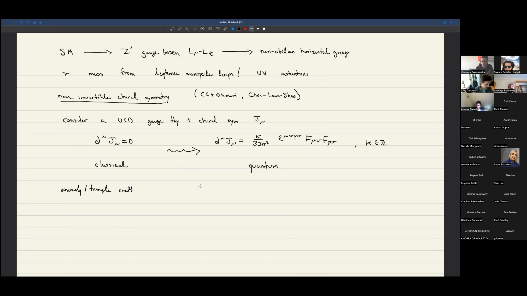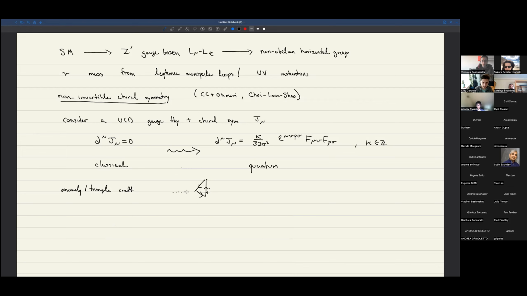So the diagram that we are discussing right now is a familiar one. So we have a loop of charged chiral fermions.